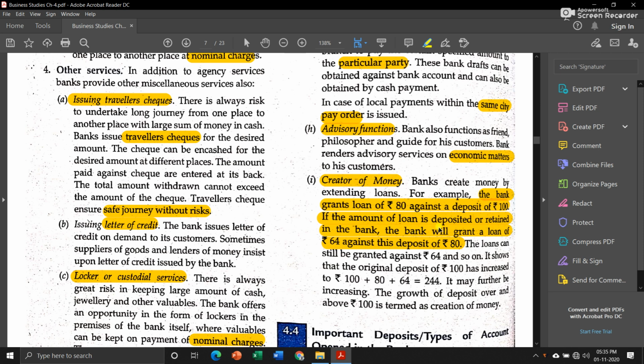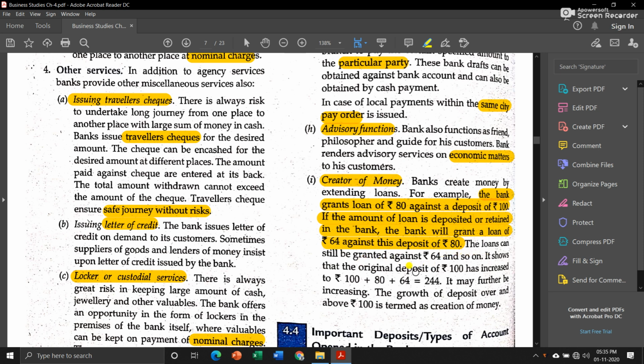Now if this 80 rupees, instead of being given to you, is kept by the bank with themselves, then through this 80 rupees they can give more loan. They can grant a loan of rupees 64 against this deposit of 80. This loan can still be granted against 64 and so on.